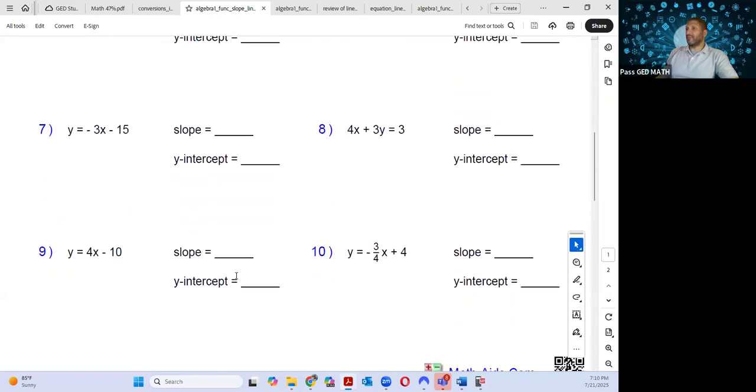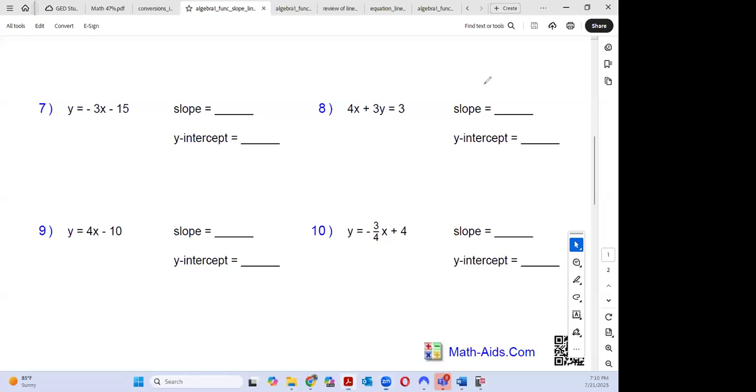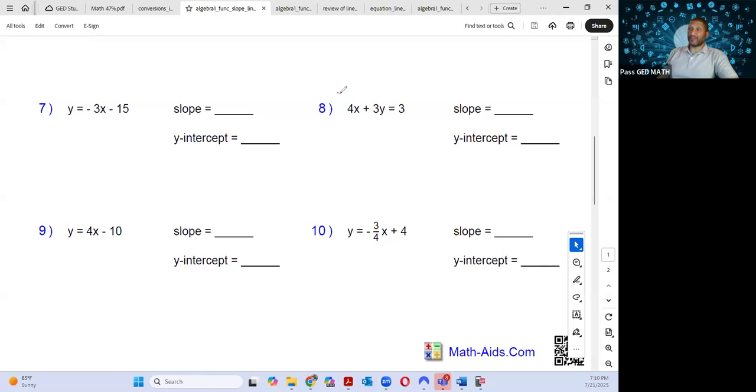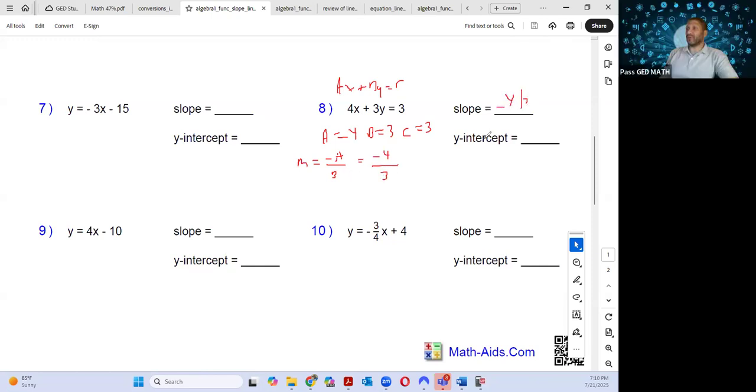I'm gonna do 8 and 9. Okay, 8 is standard form, Ax plus By equals C. My A is 4, my B is 3, my C is 3. To find the slope in standard form, take the opposite of A and put it over B. The opposite of 4 is negative 4, B is 3, so my slope is -4/3.